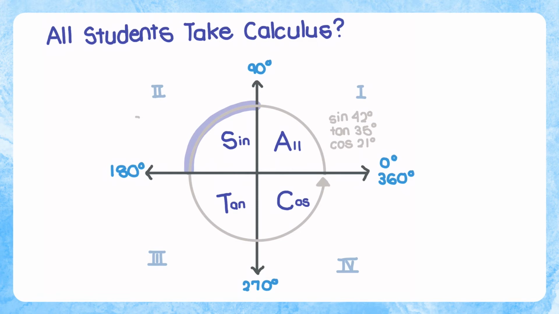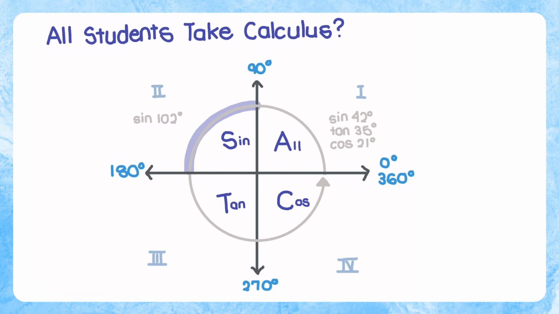Let's look at quadrant 2, so anything between 90 and 180 degrees. In this case, only sine functions will result in a positive answer. So for example, sine of 102 degrees, let me plug this into the calculator. This results in 0.9781, keeps going, but anyway, it's a positive answer. But if it's not a sine function, the answer will be negative.